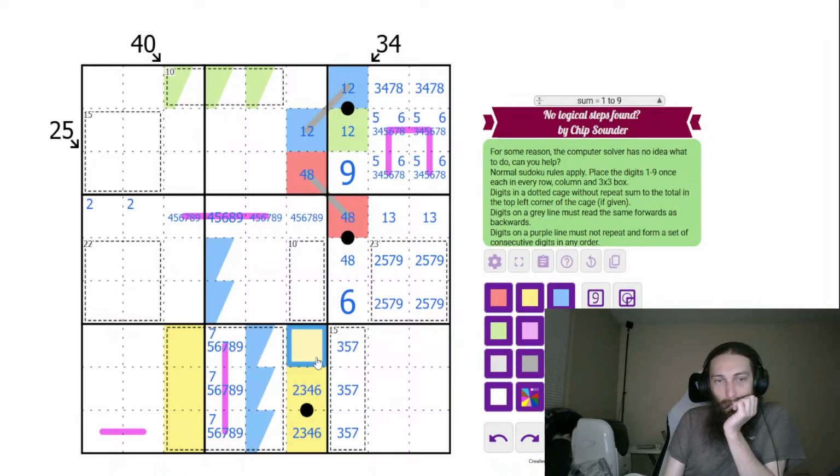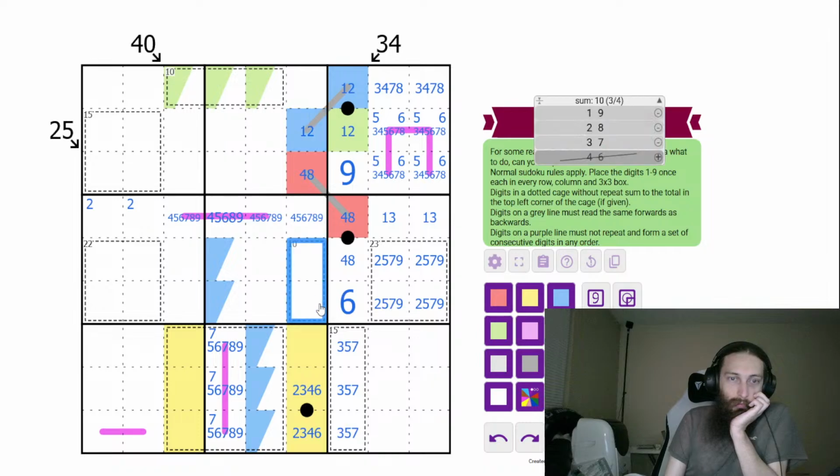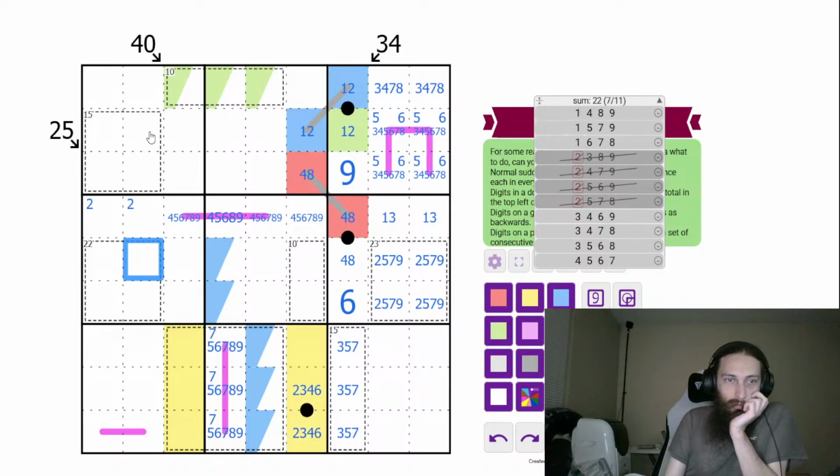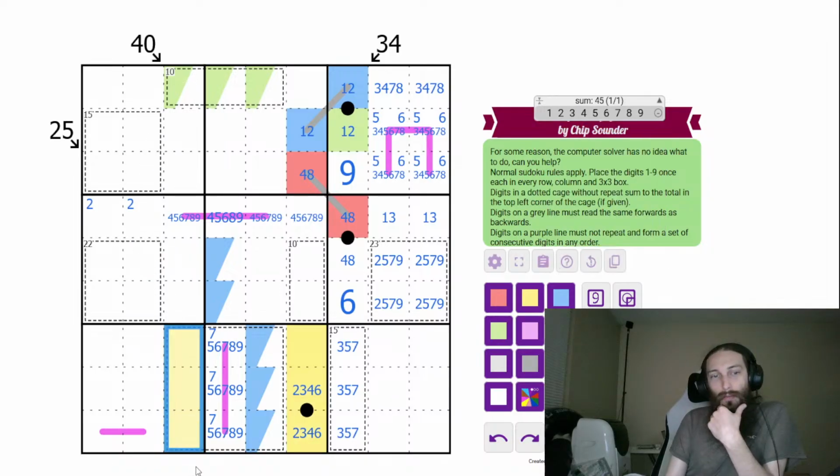But I can't put a 1 in yellow. So that would be a 1 here, a 2 there. This would be 3 and make 7. And now this one's broken. So these cannot both have a 1, because I do not have a 1 in yellow.